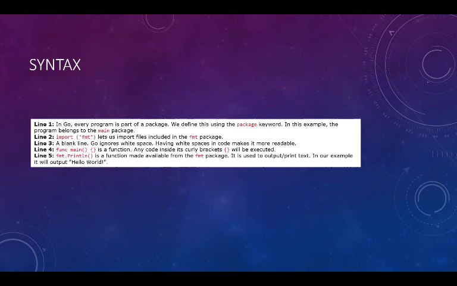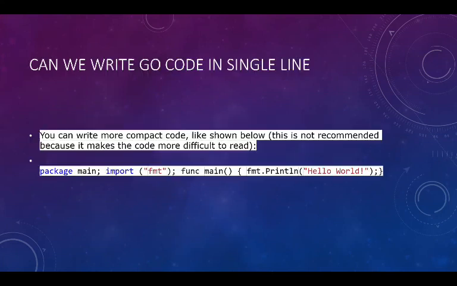And fmt.Println is the function that will be used to print or output the text or the answer, whatever the user may want to output. So this is the basic syntax of Golang that every individual might be knowing, or if not, then you can easily refer to this particular slide to understand that.